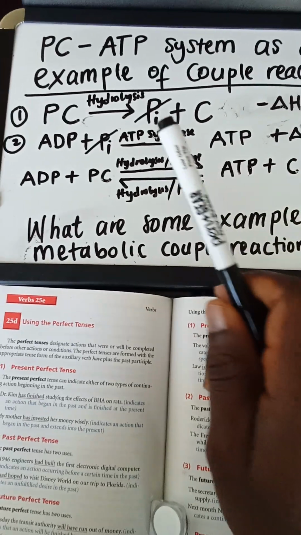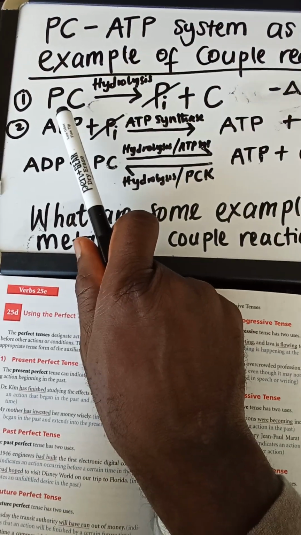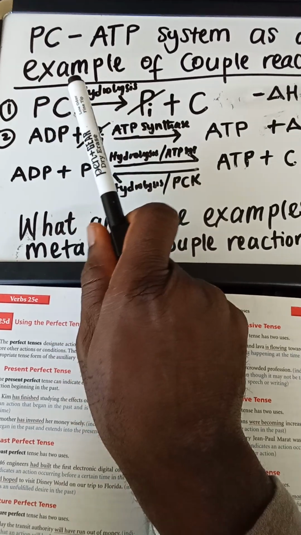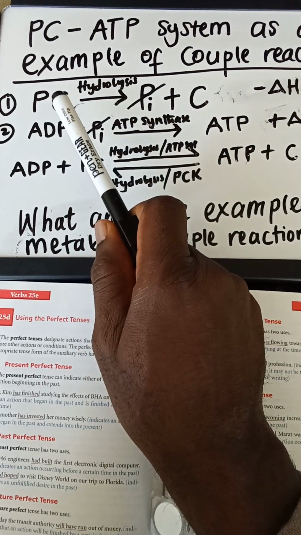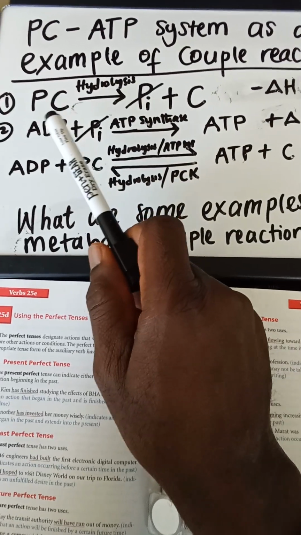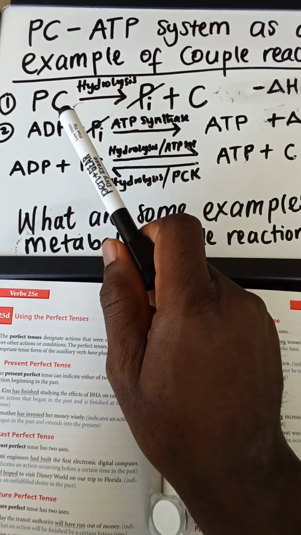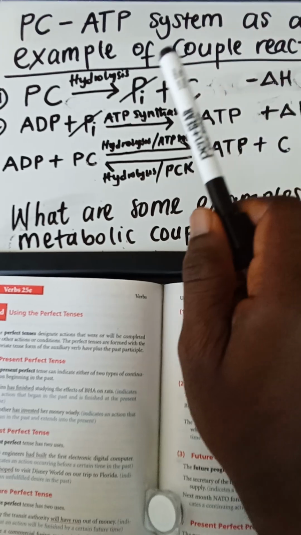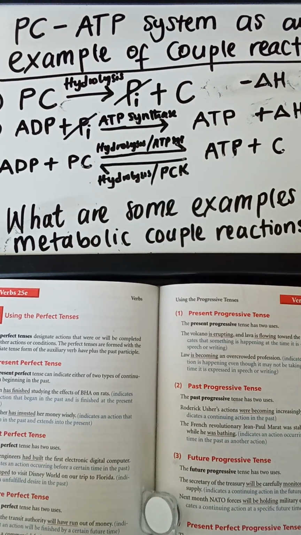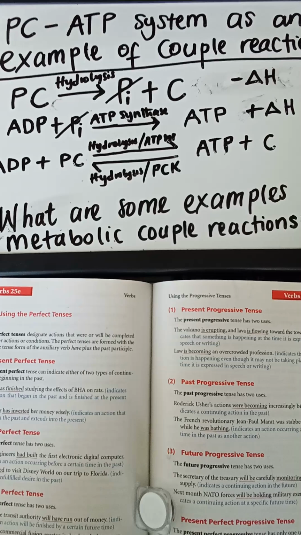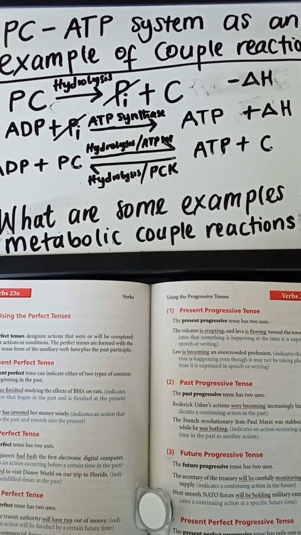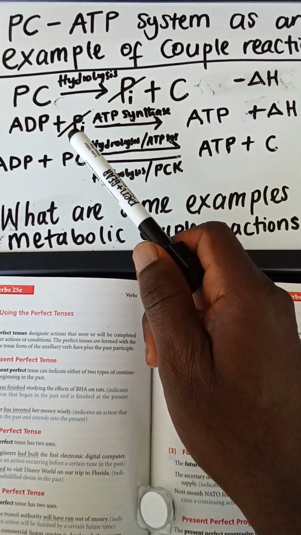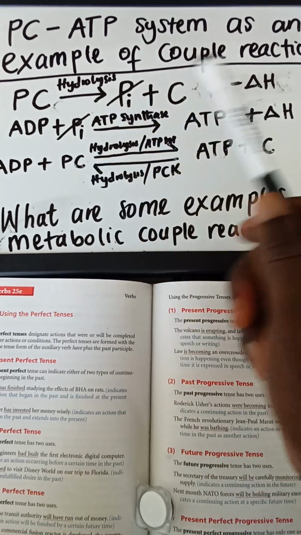So we have the phosphocreatine molecule. In a couple reaction, like I said, two reactions occur at the same time, whereby one reaction releases energy, and the energy released by that reaction is absorbed by the other reaction to also form another product.